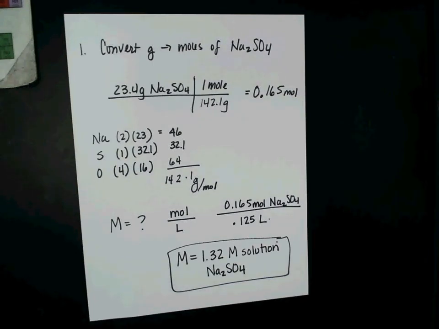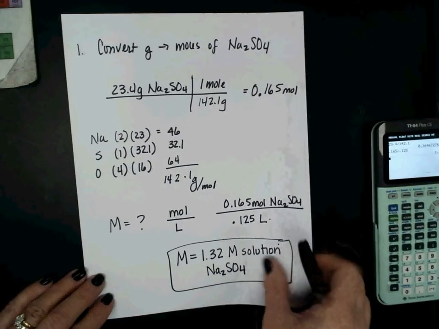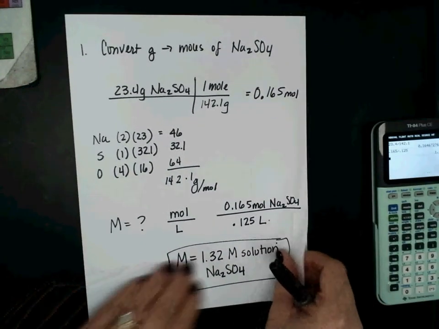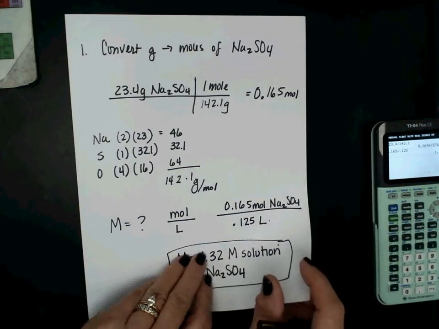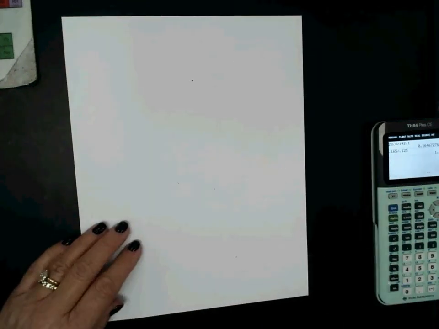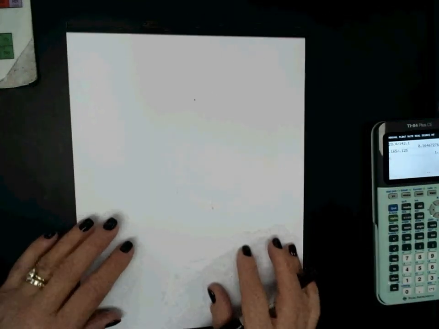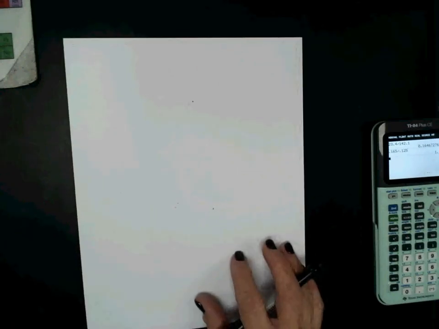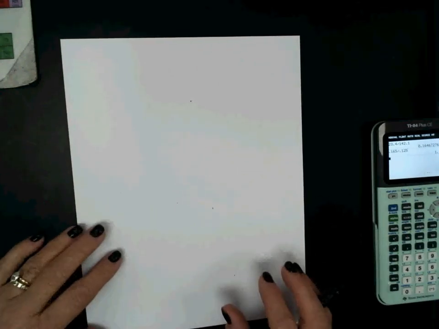All right, simple enough. If you're given grams, you've got to get to moles. If you're given something other than liters, you have to get to liters. So I can use it to express the concentration of a solution in terms of molarity, but I can also express concentration in another way.